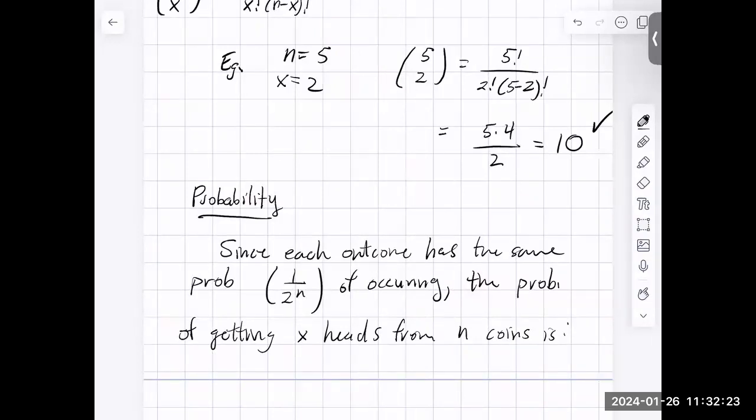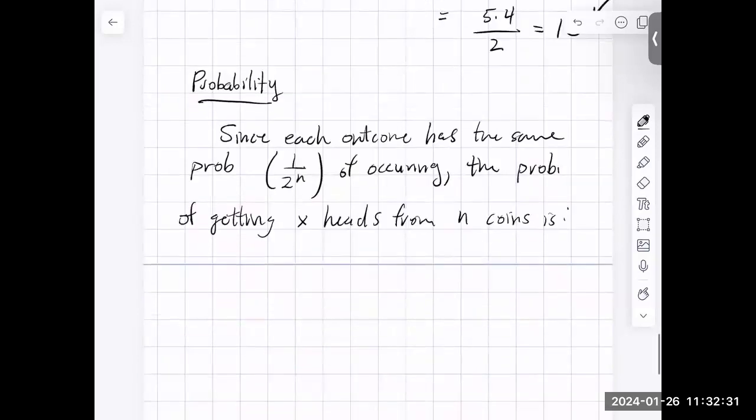But if I ask the question, what's the probability that I throw up 5 coins and 2 of them land heads? Well, I'm going to take the probability of any particular outcome, and then I just have to multiply by the number of combinations that have 2 heads out of my 5 trials.